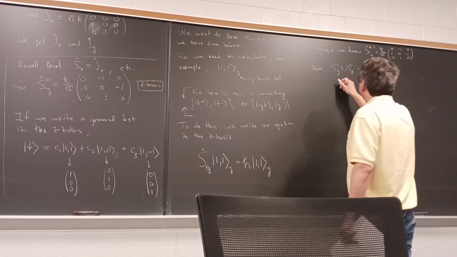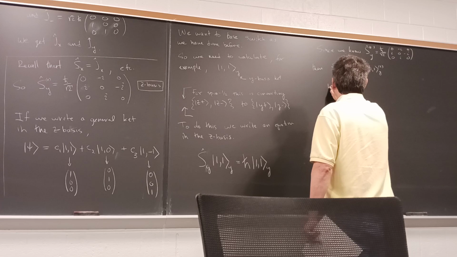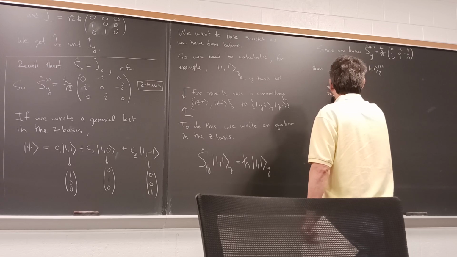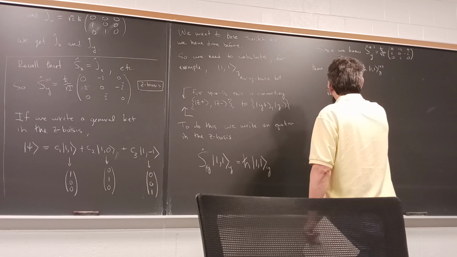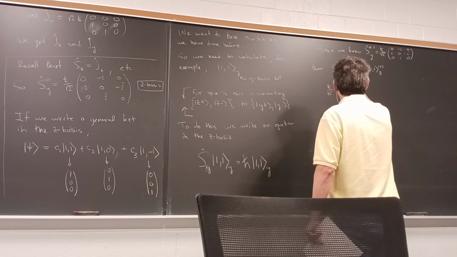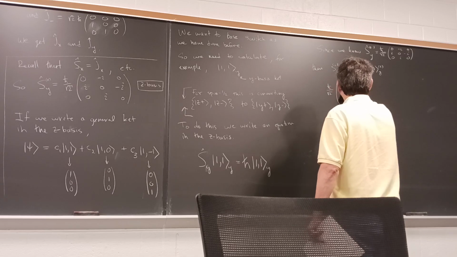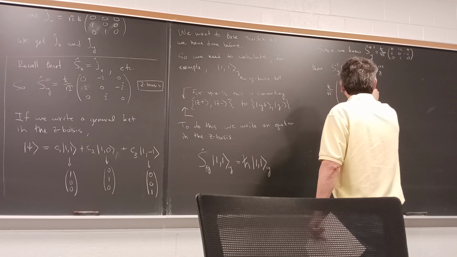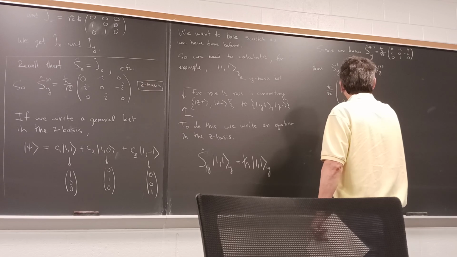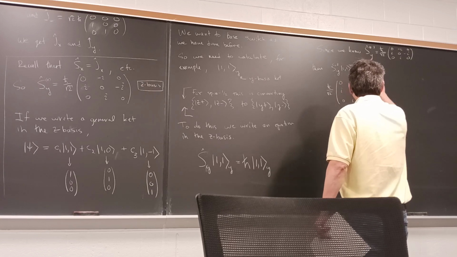So let's go ahead and write that out. That's H bar over the square root of 2, and then we'll have our matrix here: 0, minus I, 0; I, 0, minus I; 0, I, 0.